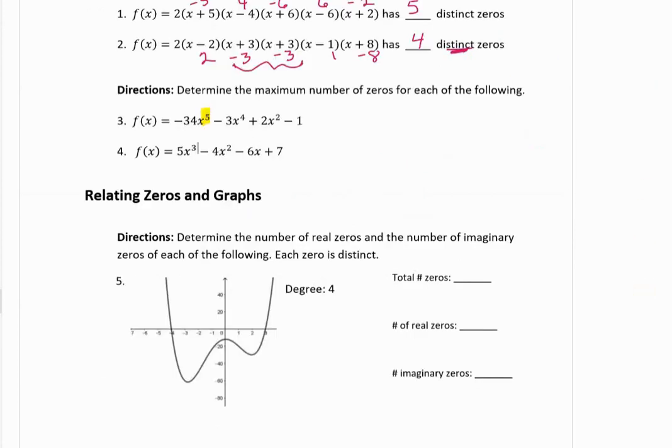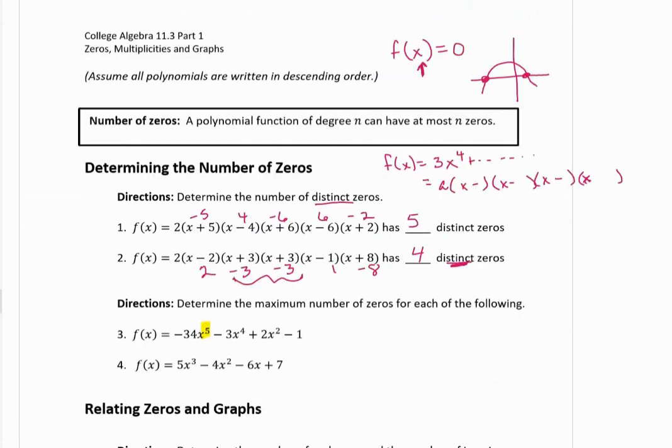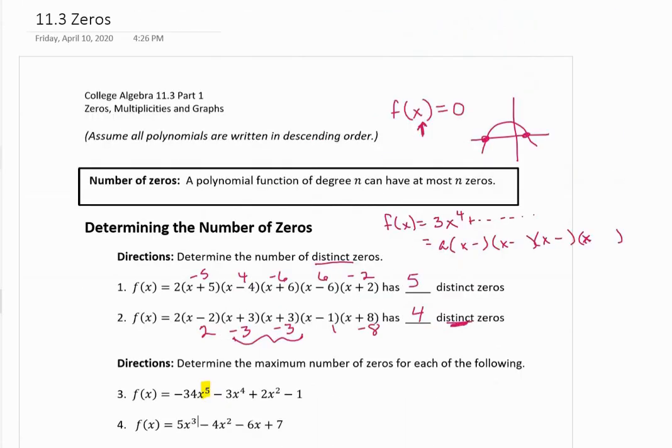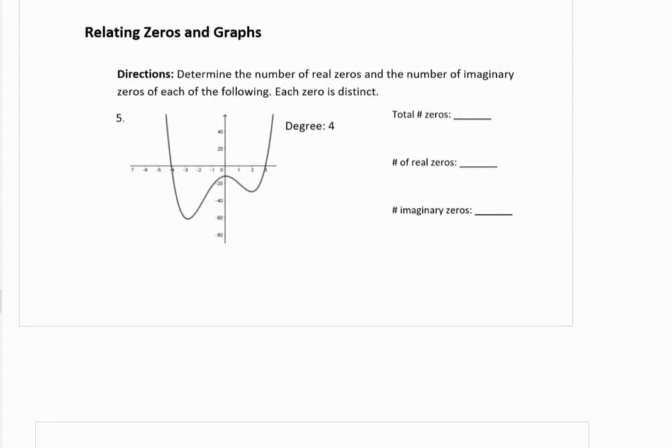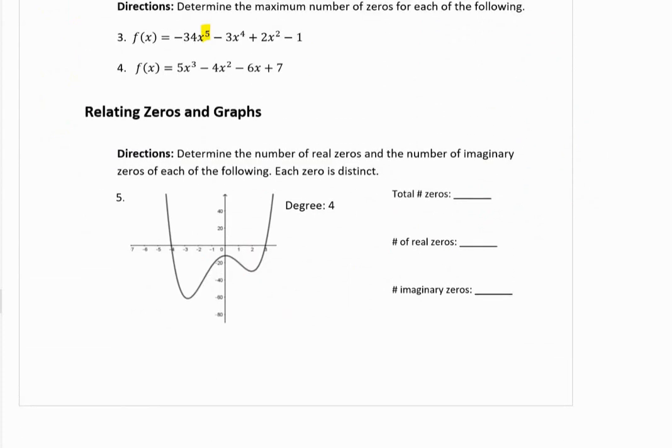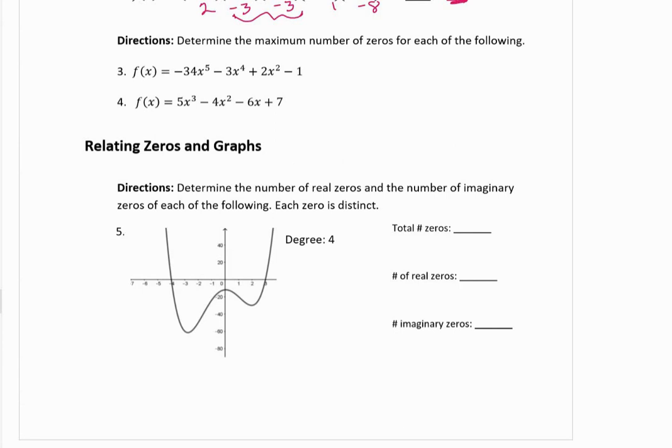And one thing I want to point out again, I think I may have skipped it, is that in all of these lessons, I'm going to assume that all of my polynomials are written in descending order. So you don't have to worry about anything tricky there. On these next two problems, we're determining the maximum number of zeros.